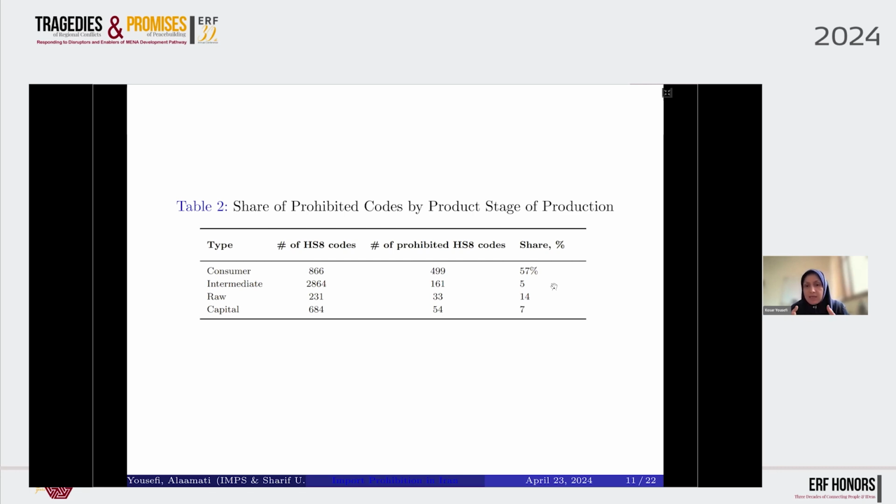And that was the aim of the policy. The policy was aimed to protect domestic production, and so there was no reason to ban intermediary products. So they mostly banned consumer or final products.